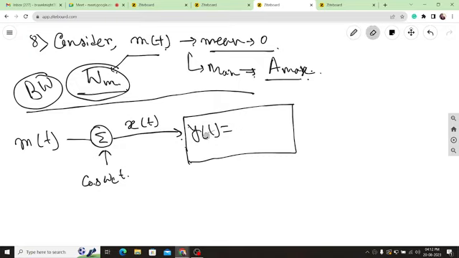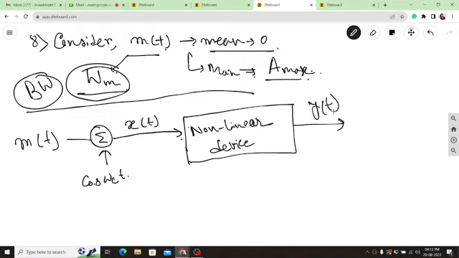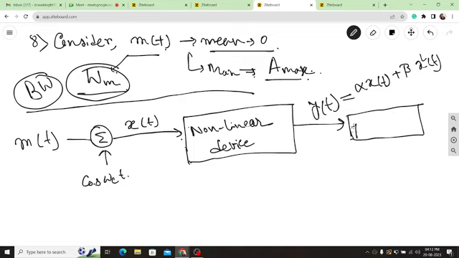Suppose this is a non-linear device, and this gives an output y(t), and this y(t) is alpha x(t) plus beta x squared t, and then it goes through a filter again. The output of the filter gives an AM signal.